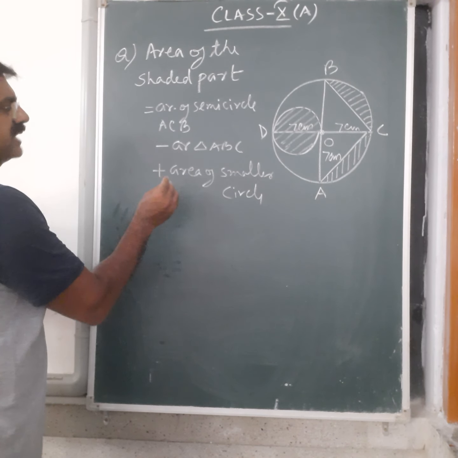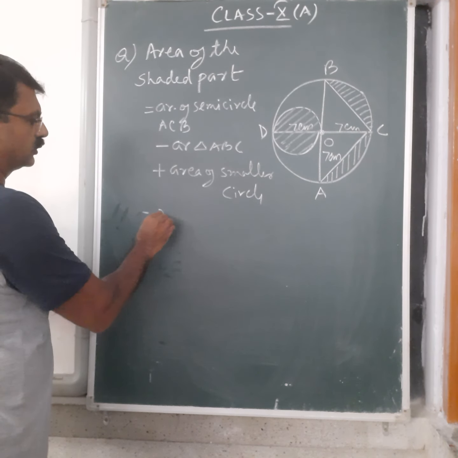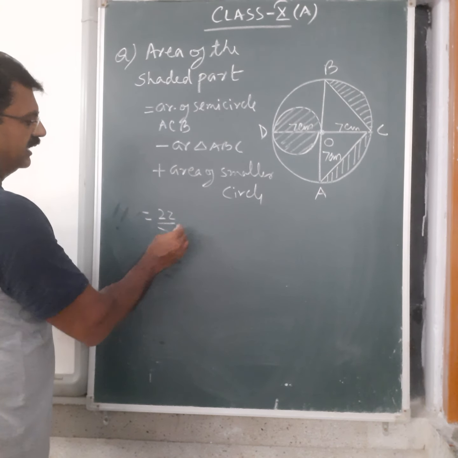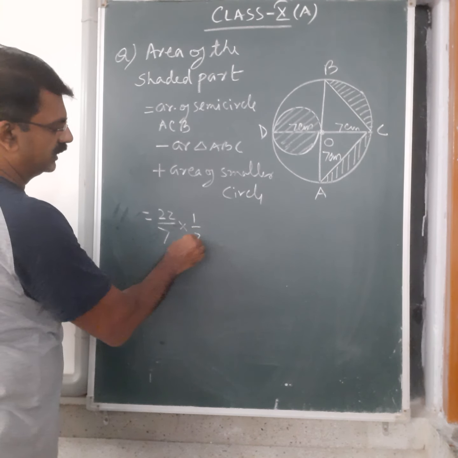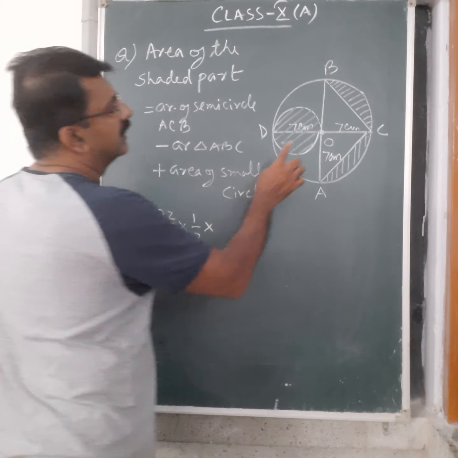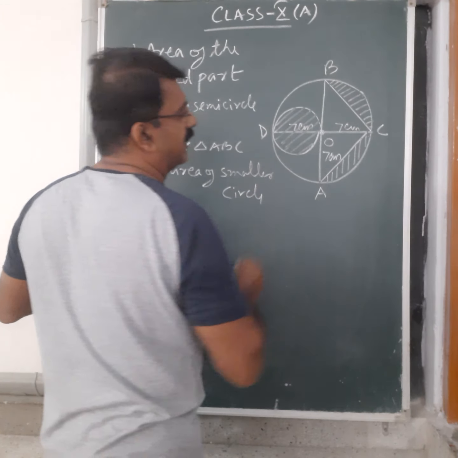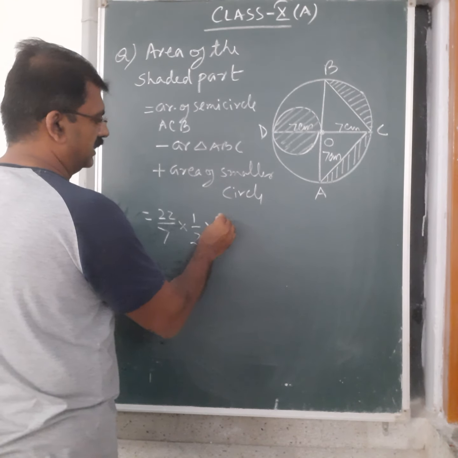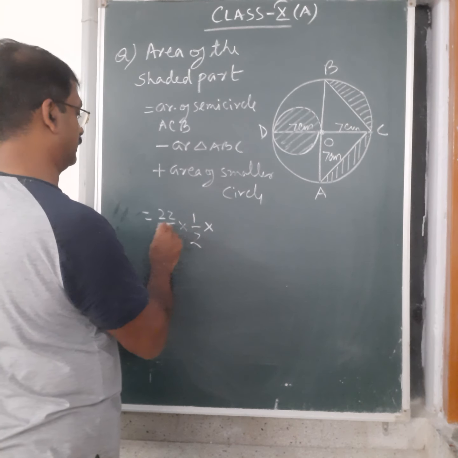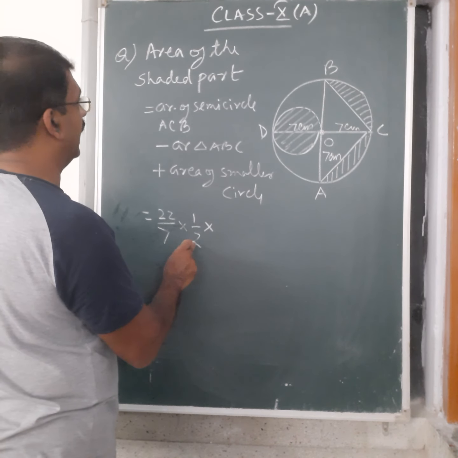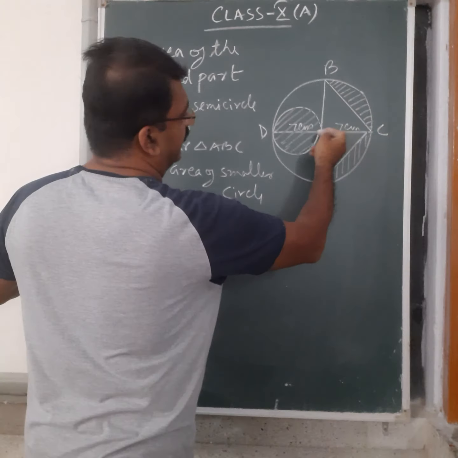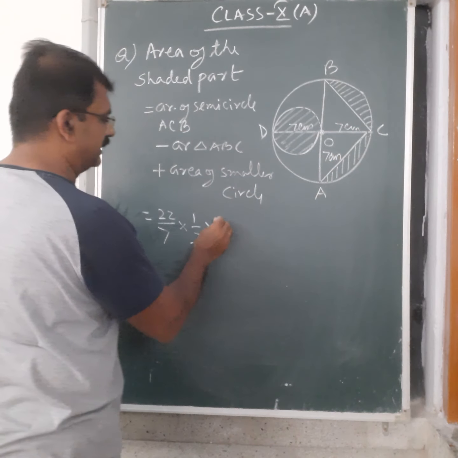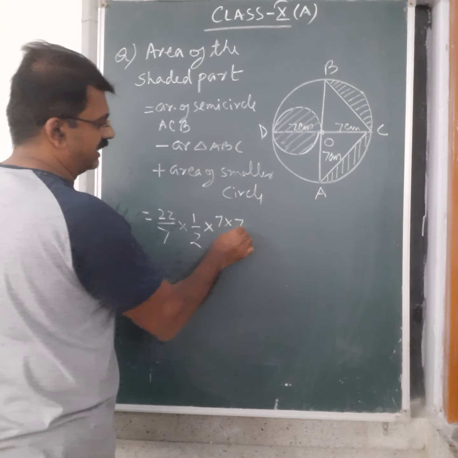Area of the semicircle, that is pi r square by 2, so 22 by 7 into 1 upon 2 into 7 into 7, because the radius of the semicircle is 7 cm. This is triangle ABC.